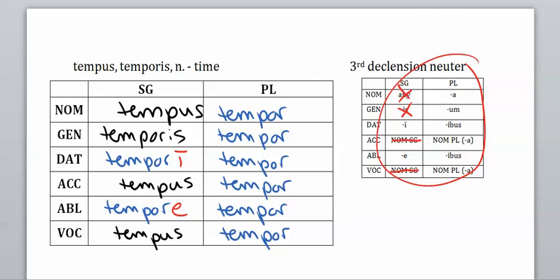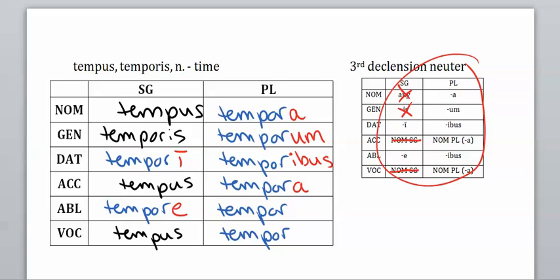We get tempora in the nominative plural because there's a general rule about neuter words, which I said while I was doing the genitive, and that is that their nominative plural always ends in the letter A. This is no exception. There are no exceptions. Okay, so we get tempora, temporum, temporibus.